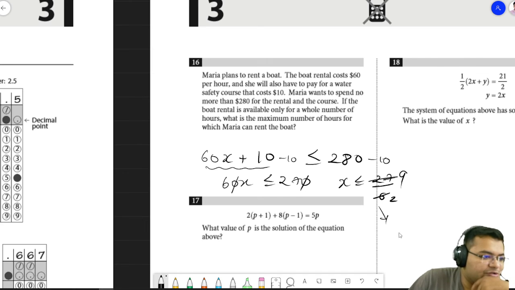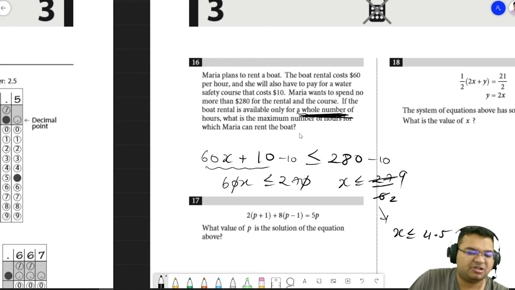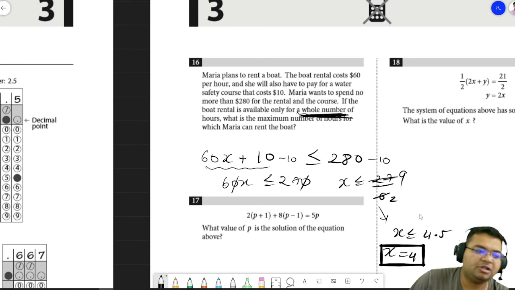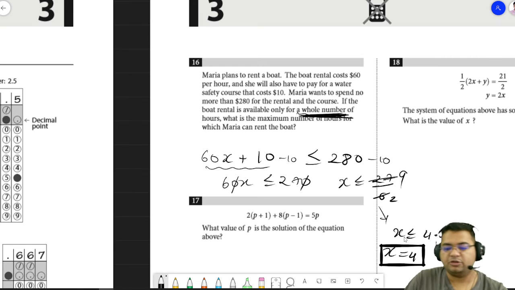So here I can say X is less than or equal to 4.5. Also it is said that the boat rental is available only for a whole number of hours, that means there should not be any point or that type of thing. So we can take X as 4 because there is no possibility for X to take a larger value than 4.5. So we'll end up with 4 hours.